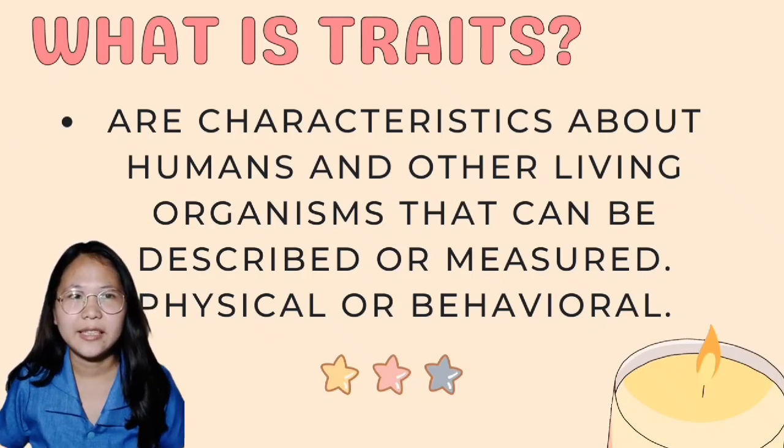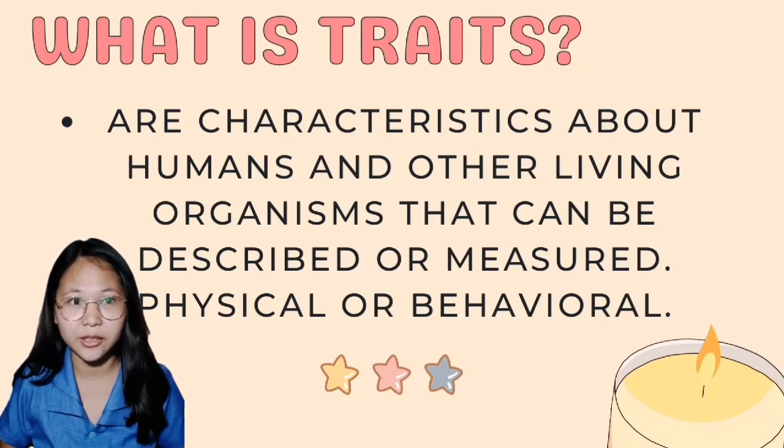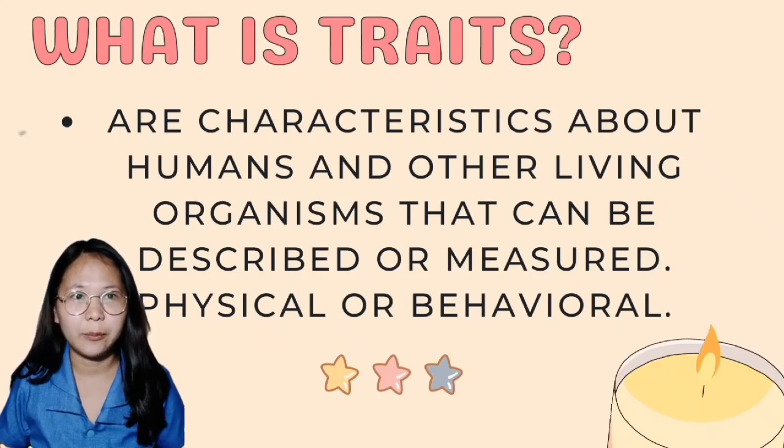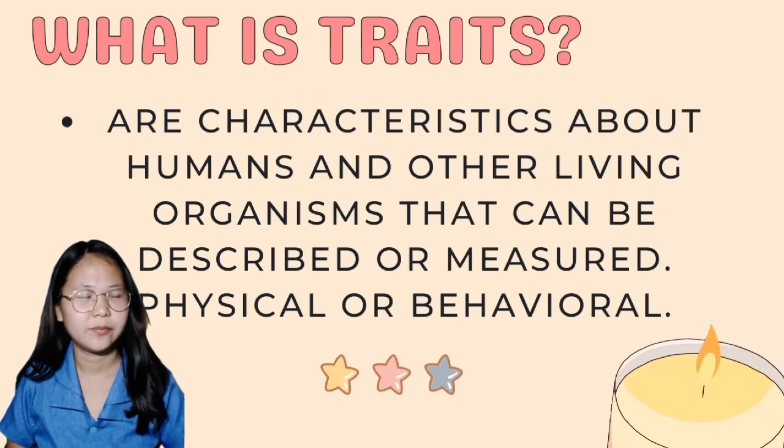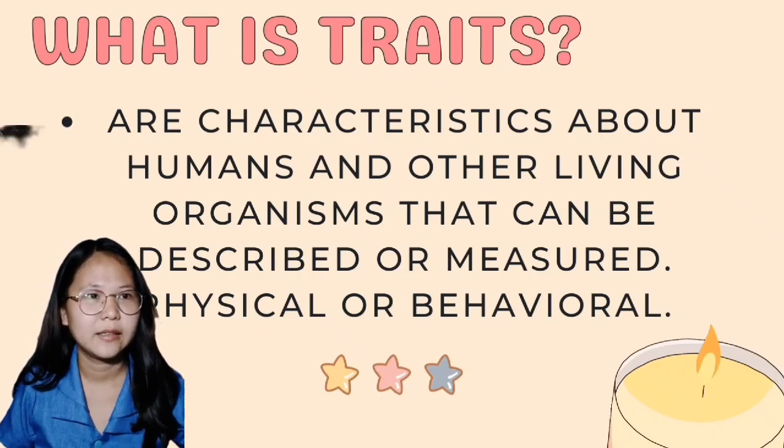The answer is we do look similar to our siblings, but each of us is a new combination of chromosomes and traits of our parents: the same ingredients but different in combinations. Okay?